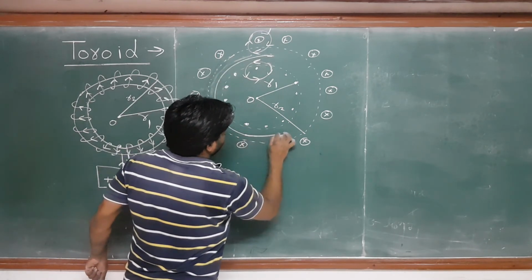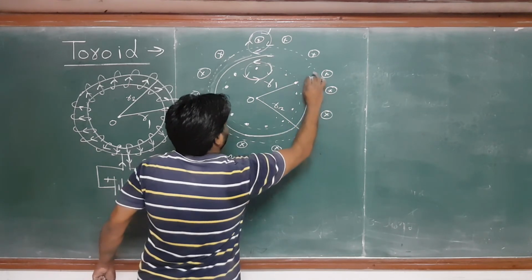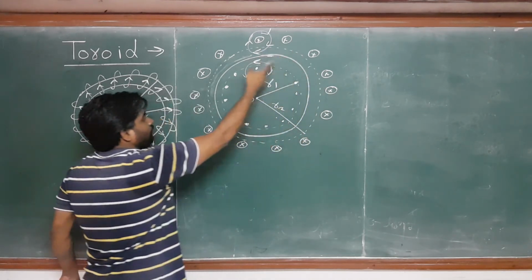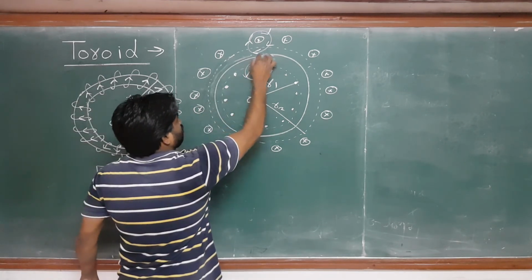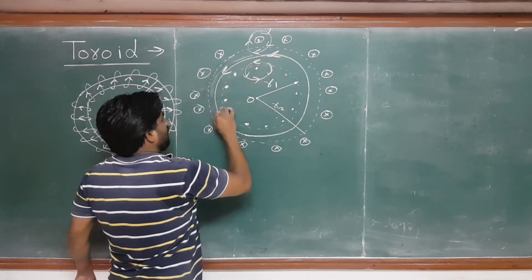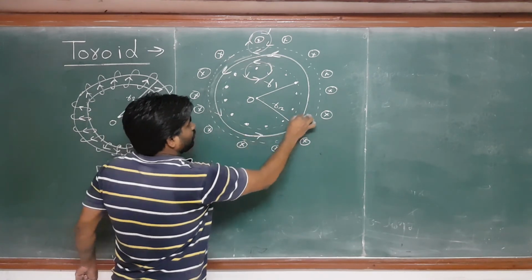So everywhere the magnetic field will develop, and the magnetic field's ring would be the dark white line. This is called the resultant direction of the magnetic field inside the toroid.